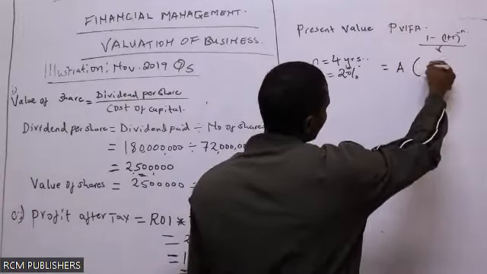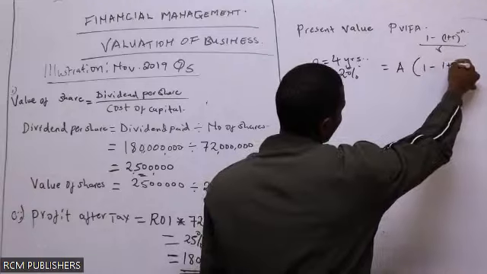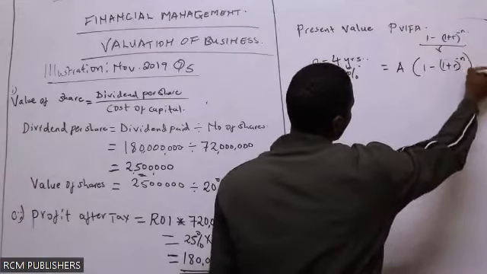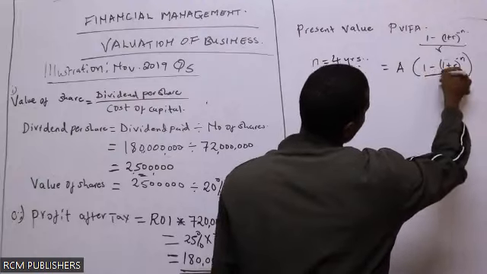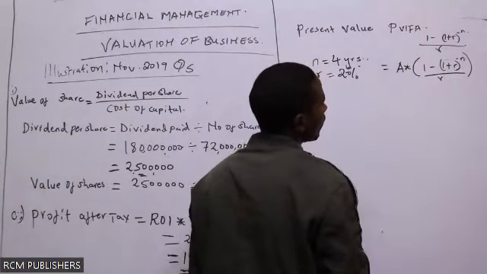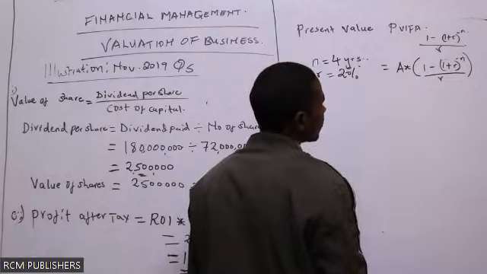Here we say 1 minus (1 plus R) raised to negative N, then this one is divided by R. We are multiplying this amount with that factor.